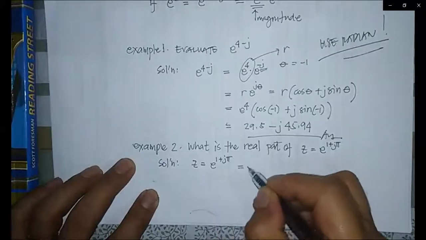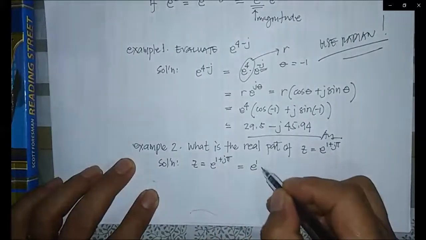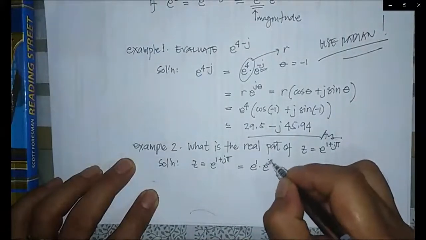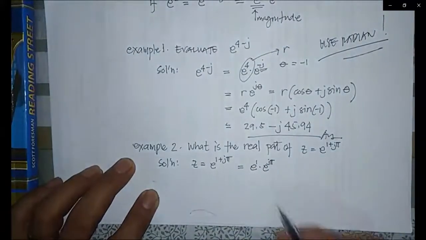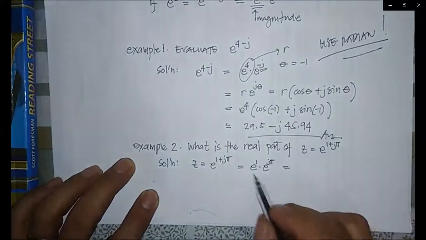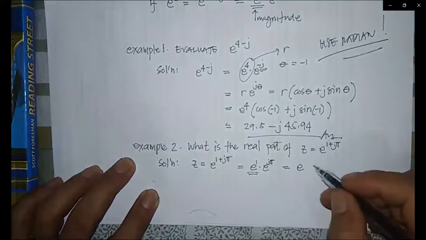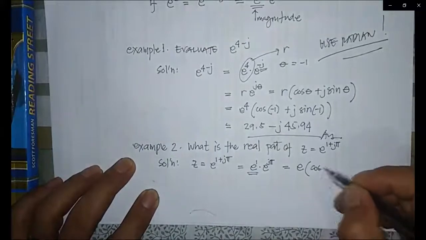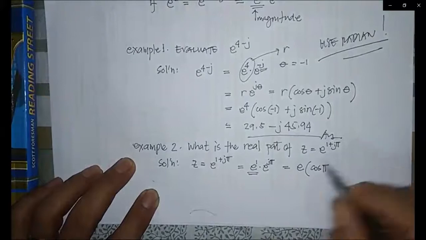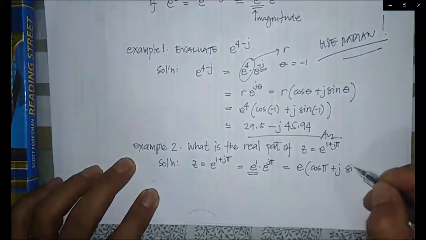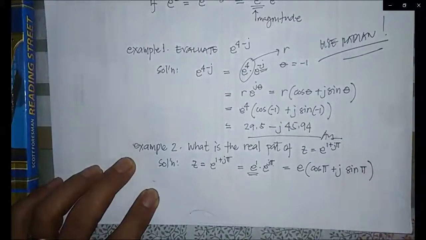Now, take note, we can use the rule of algebra. If we multiply two functions of the same base, the exponents will be summed. So this will become e as your magnitude, and your angle is theta. So that becomes e times cosine of theta plus j sine of theta, where theta is equal to pi.